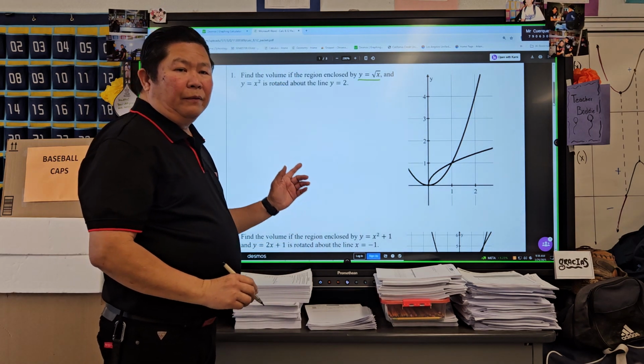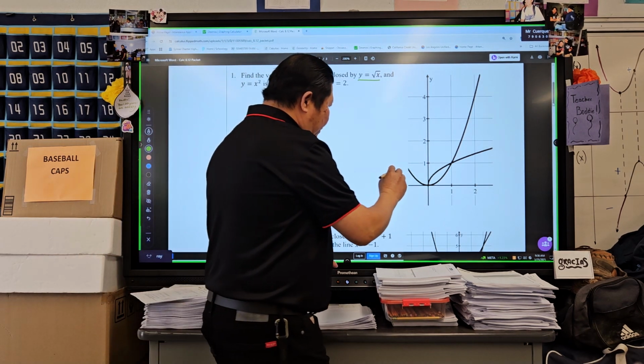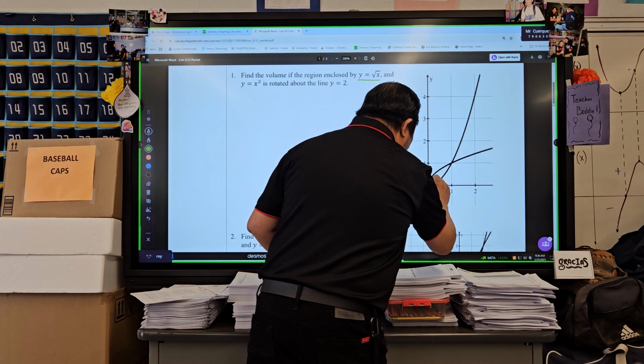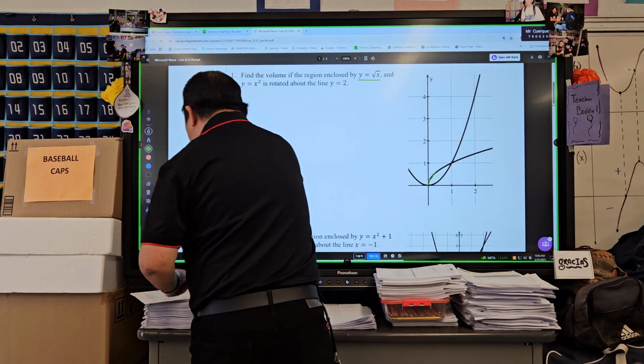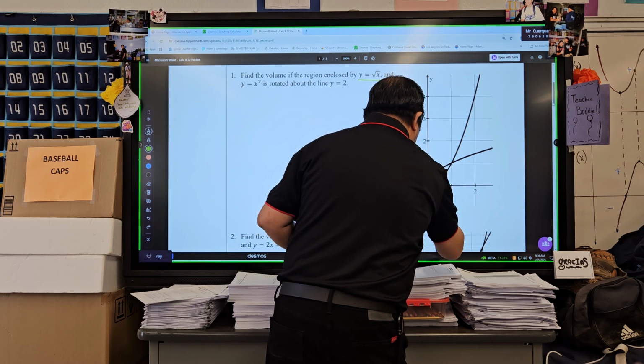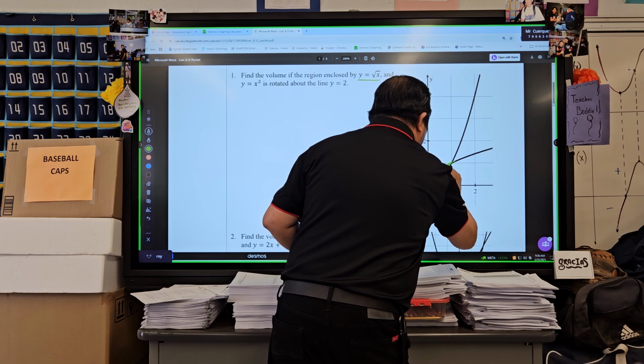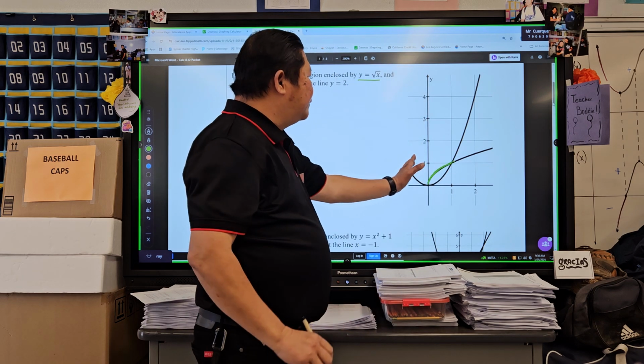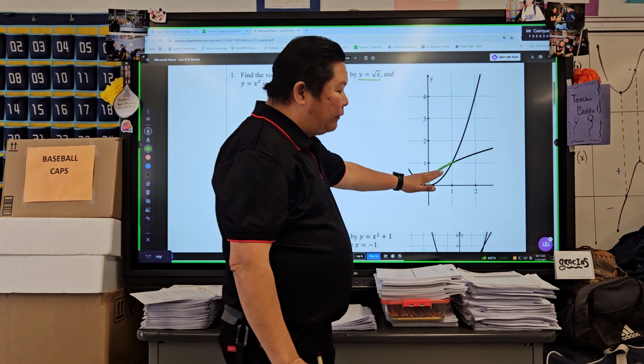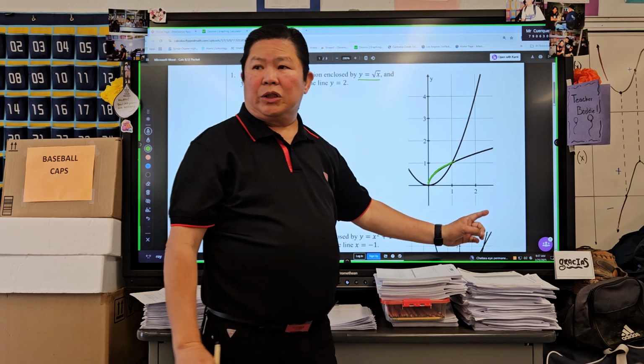The graph of y equals square root of x is this one. I don't have to continue because what we're after is the region bounded by these two curves.